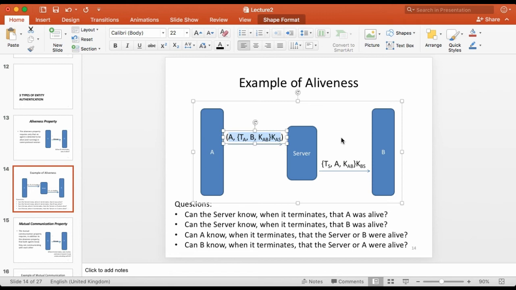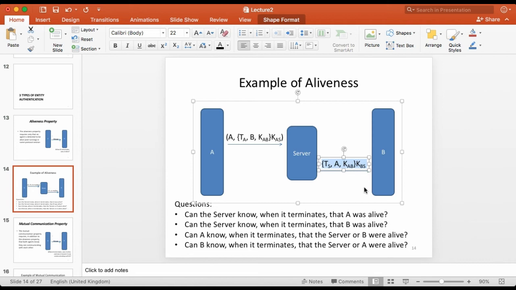Okay, so by indirect deduction, B can make sure that Alice was alive and participated in the protocol simply because as a result of that message arriving at the server and being decrypted successfully, the server was then able to send this second message to Bob.